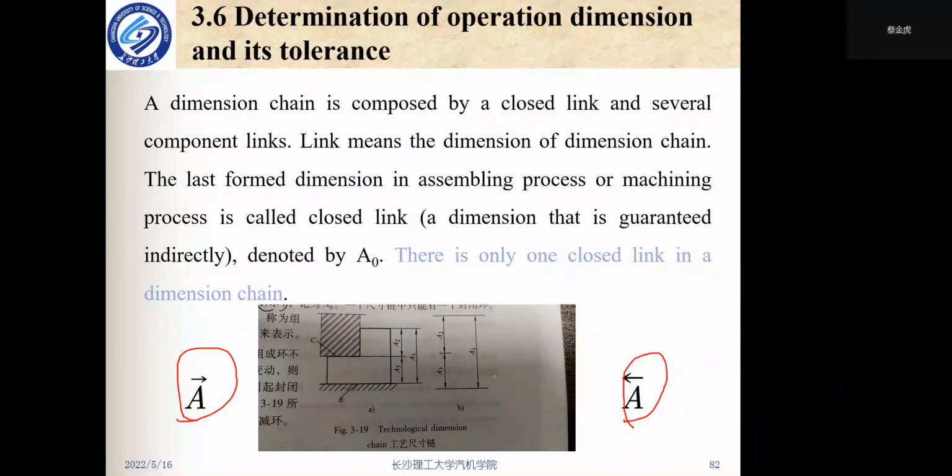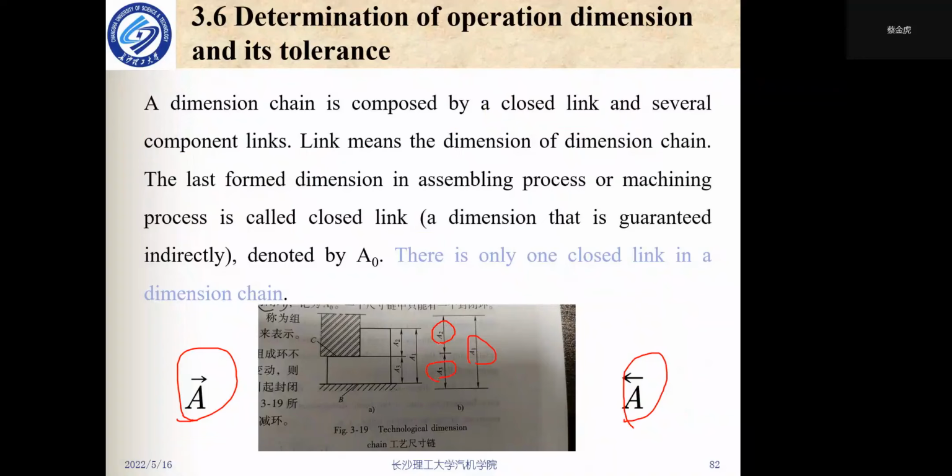For example, in this figure, if A2 is a closed link, and then A1 is an increasing link, and I3 is a decreasing link.